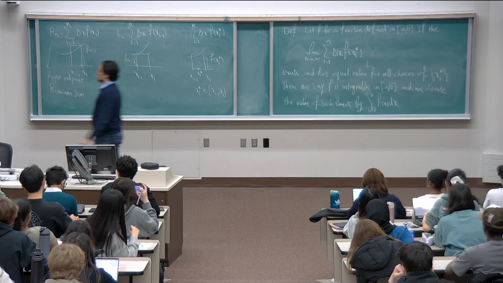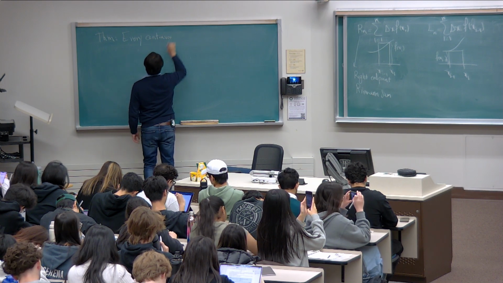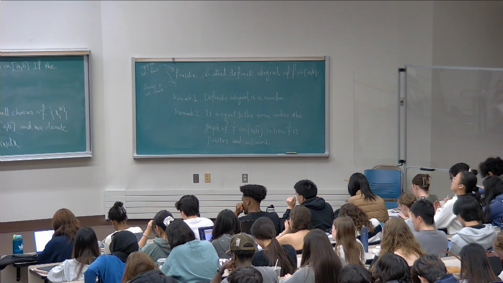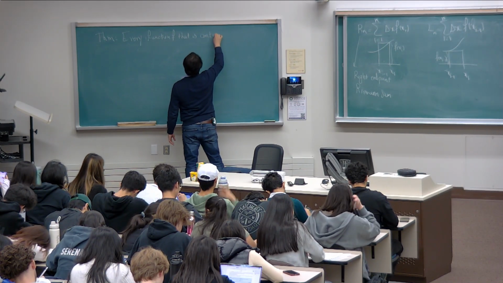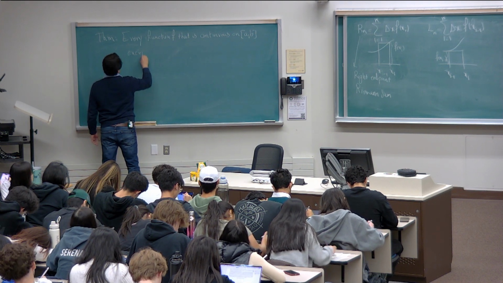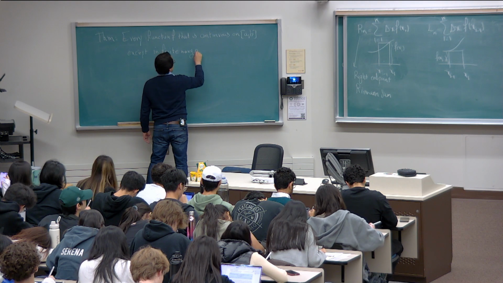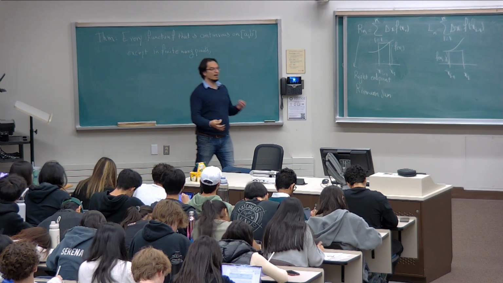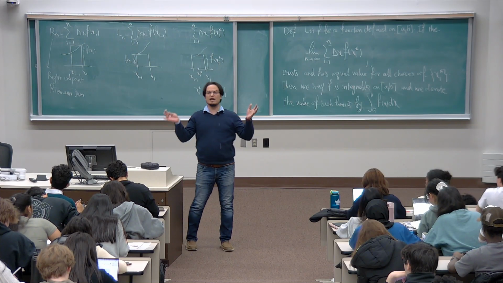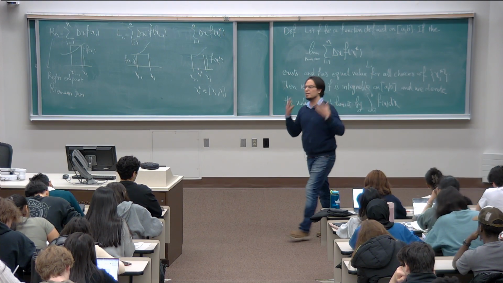If you know that every function f that is continuous on AB except in finitely many points, every function that is defined on AB, and you know it is continuous, not everywhere, but everywhere except 10 points, except a million points, except a finite number of points.